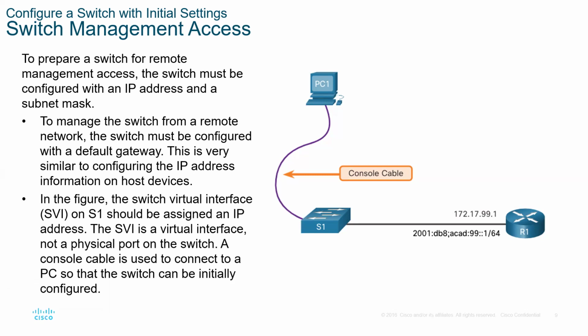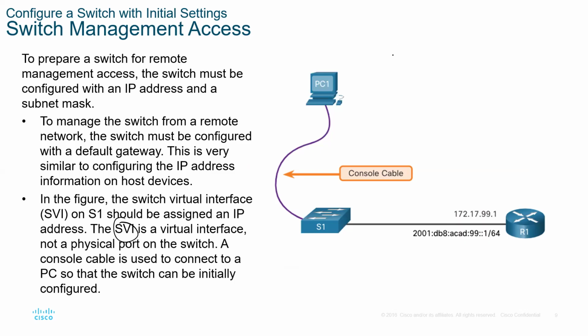So if we want to manage our switch remotely, then it will need an IP address. It will also need a default gateway. And if we don't have an interface on the switch, we need what we call an SVI, a switch virtual interface. Virtual meaning it's not physically there. It's there, but not physically there.